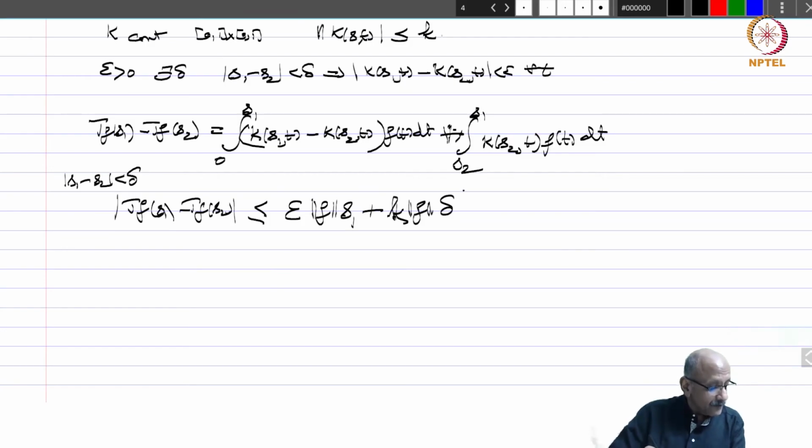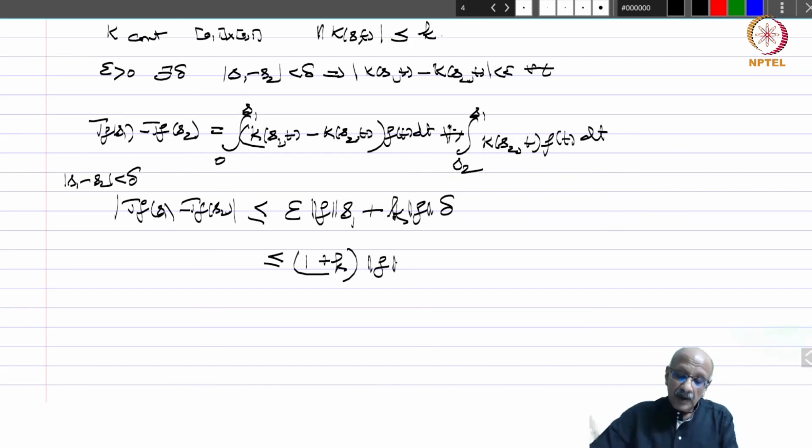So the whole thing is less than or equal to 1 plus k times norm f times epsilon. I am assuming that delta and epsilon are both less than 1, without loss of generality. Therefore this shows that Tf is a continuous function.